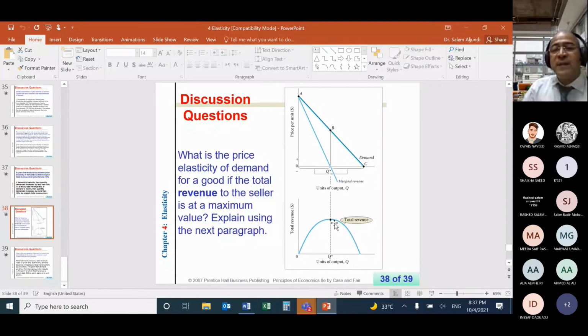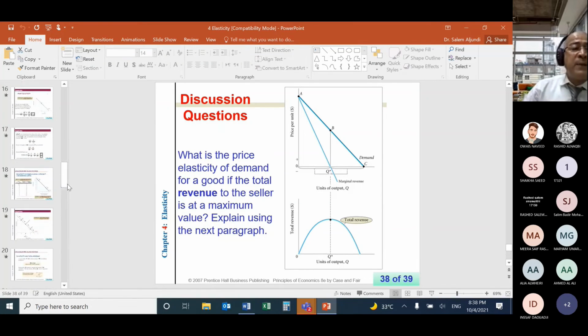For this reason, total revenue decreases. So we reach the maximum point of total revenue when the demand curve switches from being elastic to inelastic, at the midpoint on the demand curve.